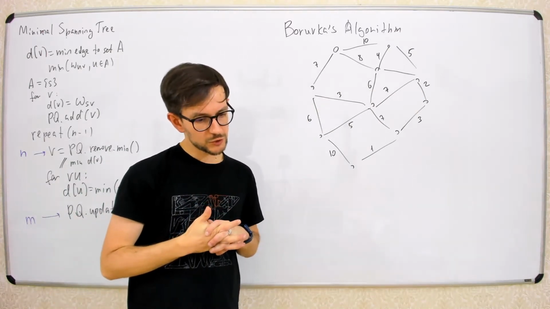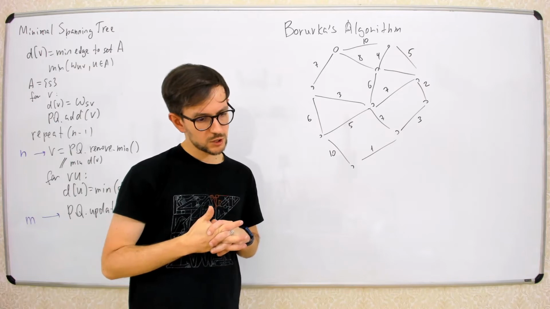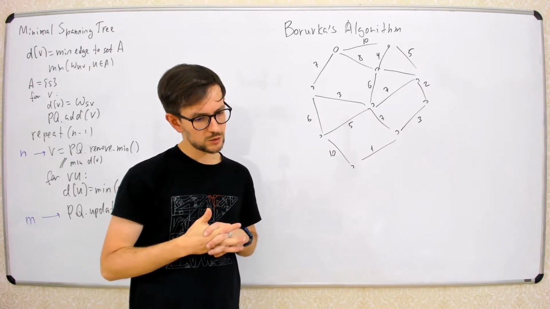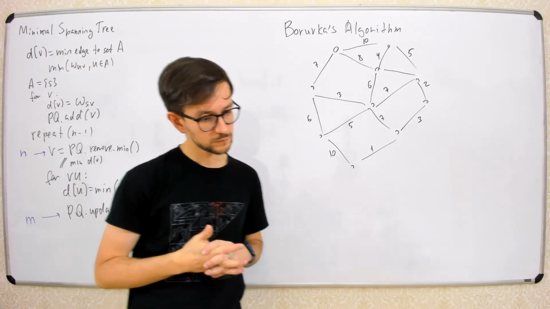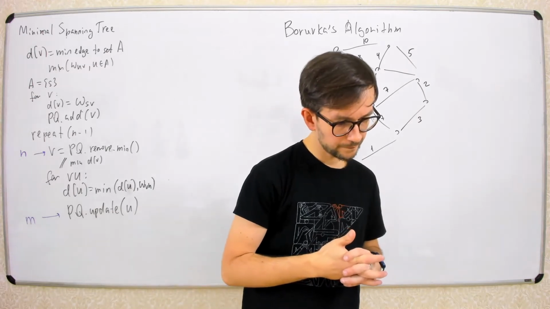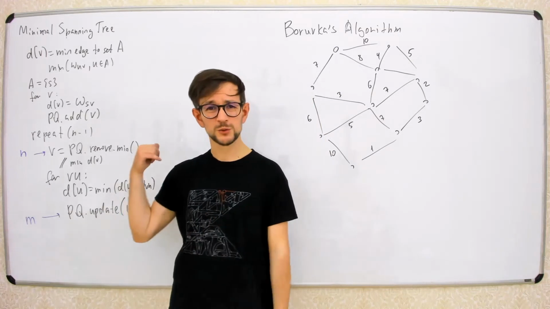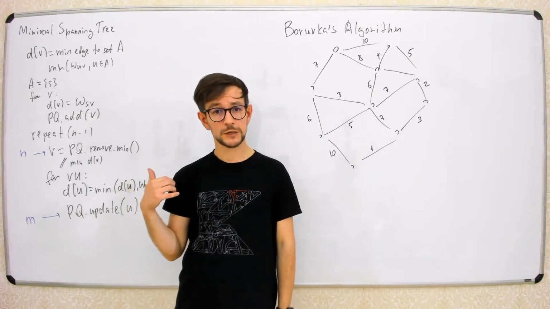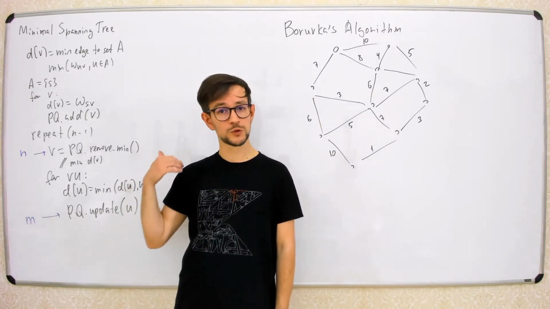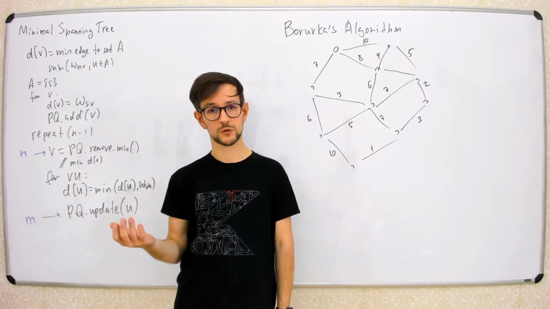Does it work for positive weights, for instance? No, we actually never used that the costs are non-negative. You can do the same algorithm with negative costs. It doesn't matter.